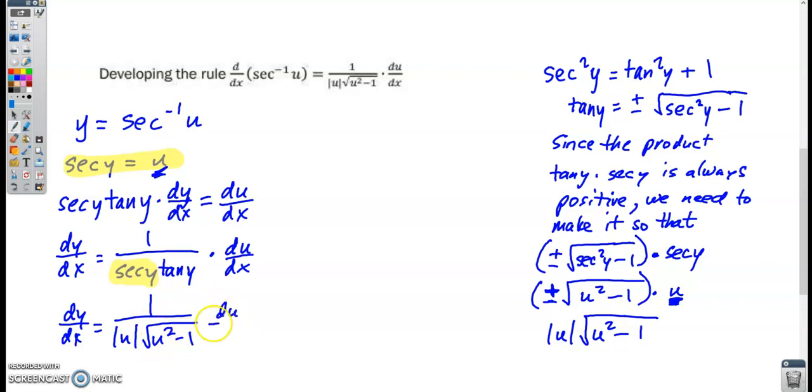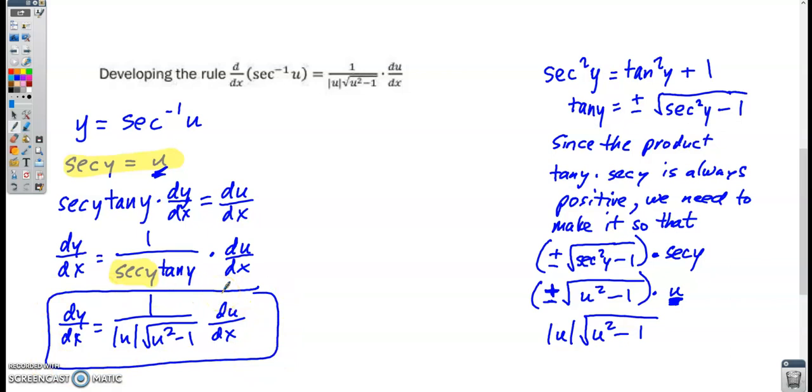And that gets us to our derivative rule for the arcsecant. It's a little bit tricky, a lot more tricky than the other ones, but I'm never going to ask you to really replicate this proof. It's just a matter of you having an idea of where it comes from.